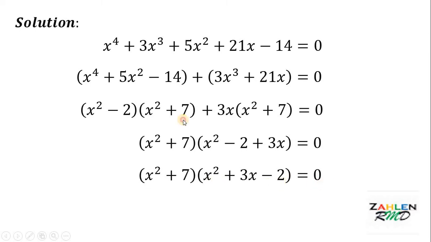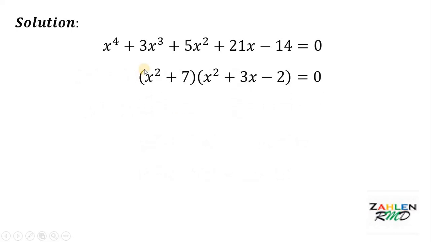Now let's focus on this result. Now we know that the original equation can be factored as x squared plus 7 multiplied by x squared plus 3x minus 2. Since it is equal to 0, at least one of them must be equal to 0. So x squared plus 7 equals 0 or x squared plus 3x minus 2 must be equal to 0.